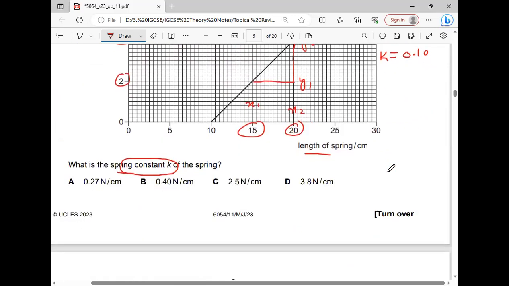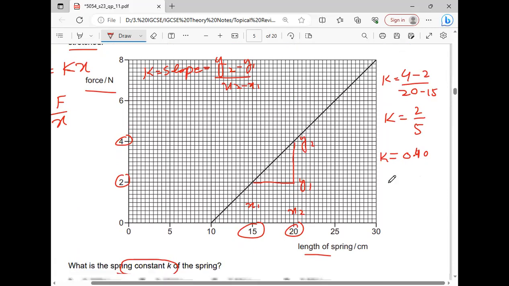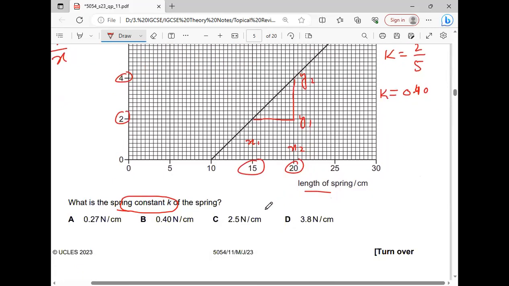So 2 divided by 5, 0.4. So my math gets wrong. So it will be 0.40. So which is the correct option? Option B is the correct answer.